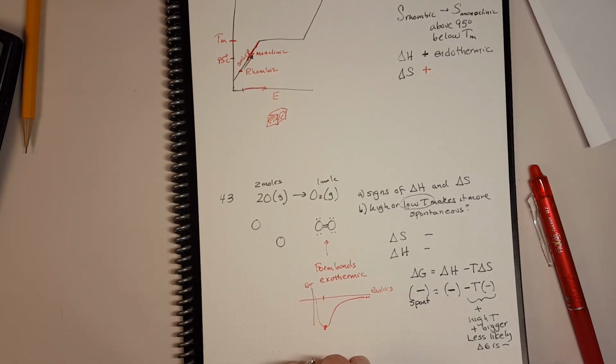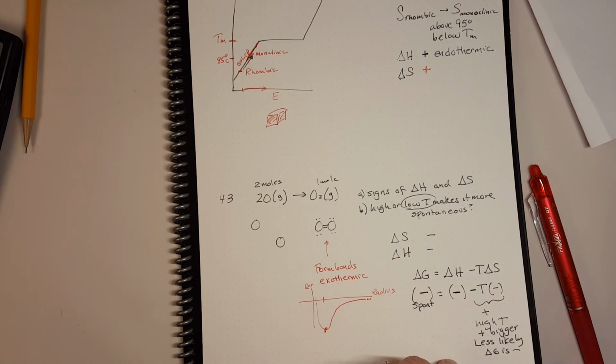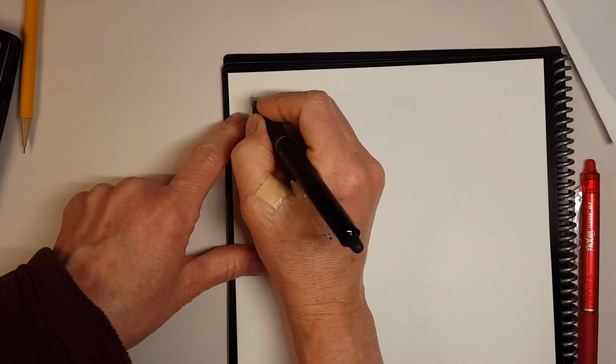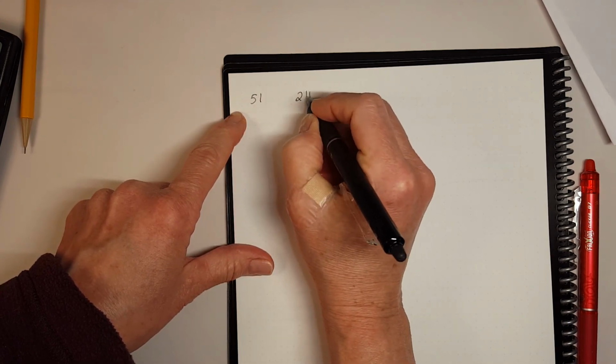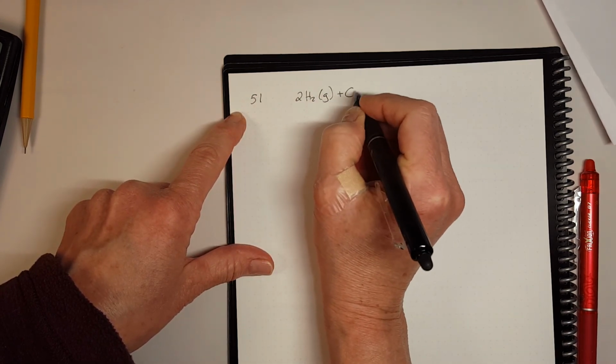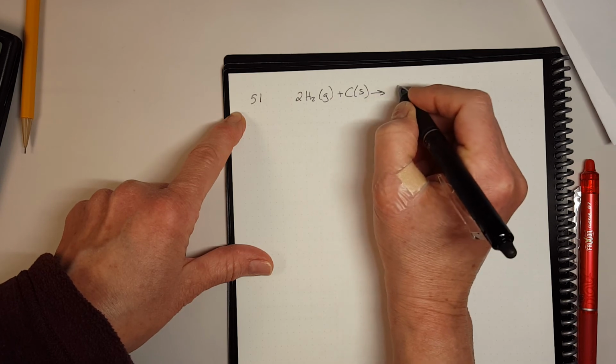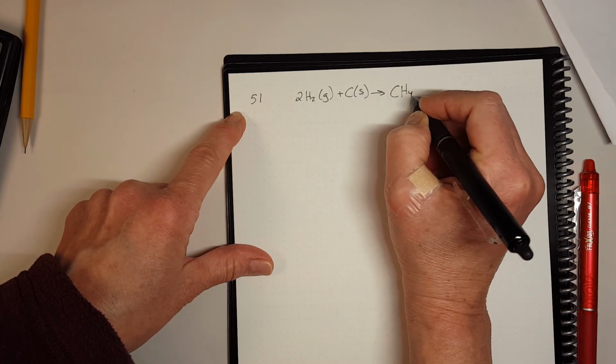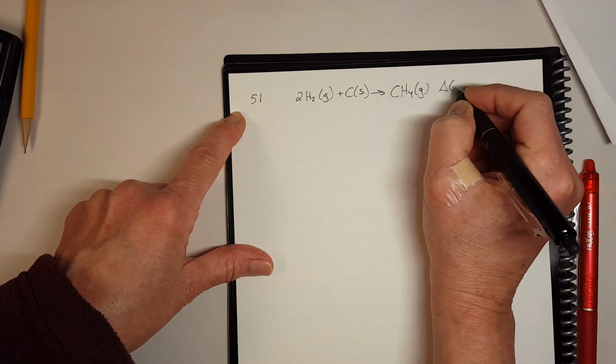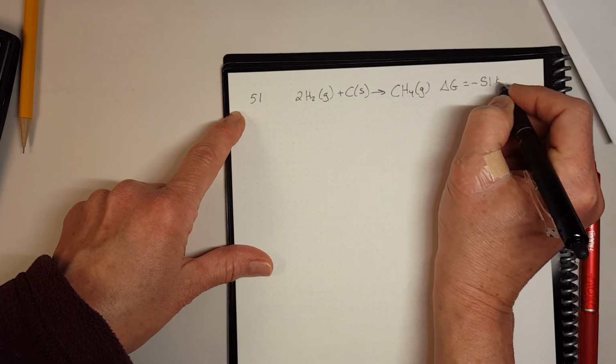I'm going to do 45 separate because it really takes a little bit of time to do those 4 problems. So let's take a look at number 51. And 51 is a Hess's law problem. So if we do 51, it says 2H2 gas plus carbon solid forms CH4 gas, and the delta G for this is negative 51 kilojoules.